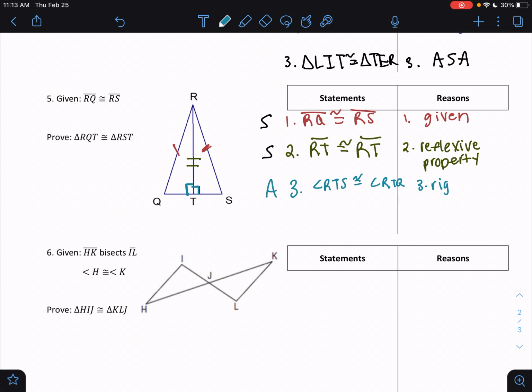And that is because right angles are congruent. So now I have an angle, a side, and a side.